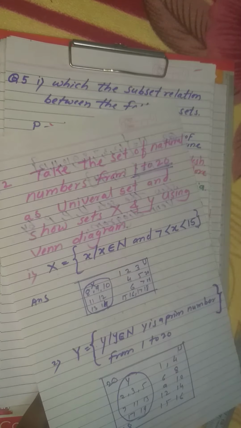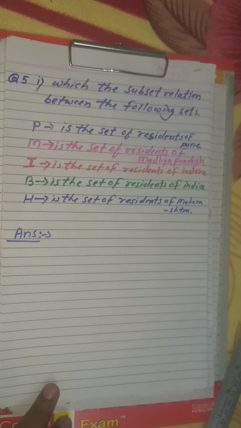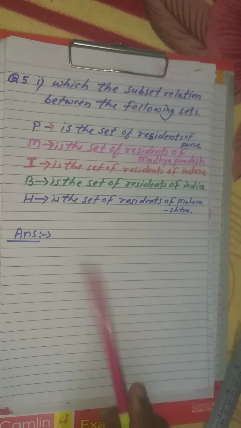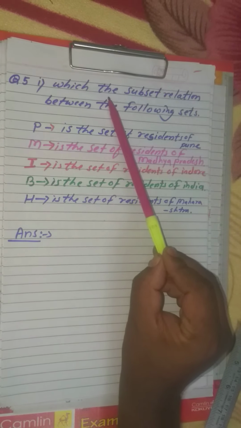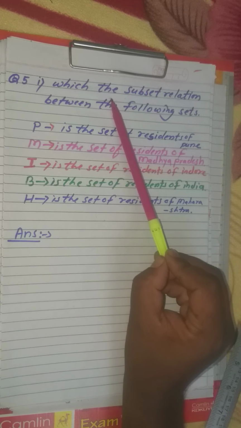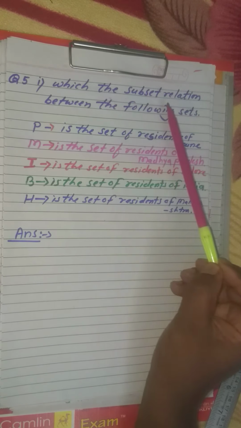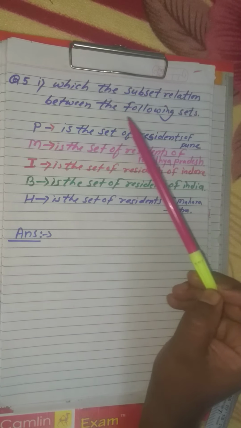Now the next question. We have taken the fifth question from the exercise. The question is: write the subset relation between the following sets.